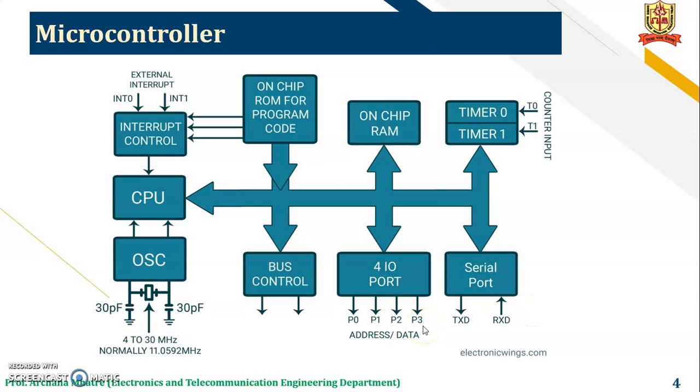All these 4 ports are 8-bit ports. Then serial port: the 8051 supports the serial port to transmit the data as well as to receive the data. So this is the general block diagram of the 8051 microcontroller.